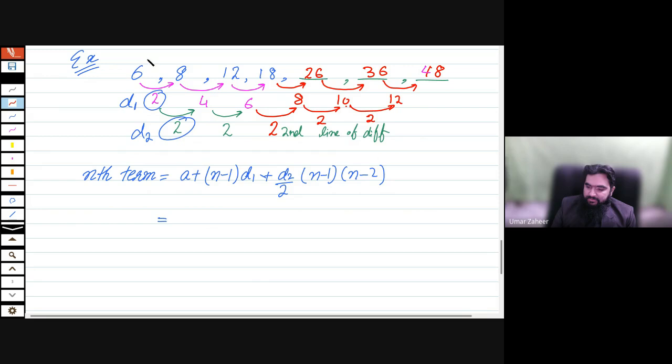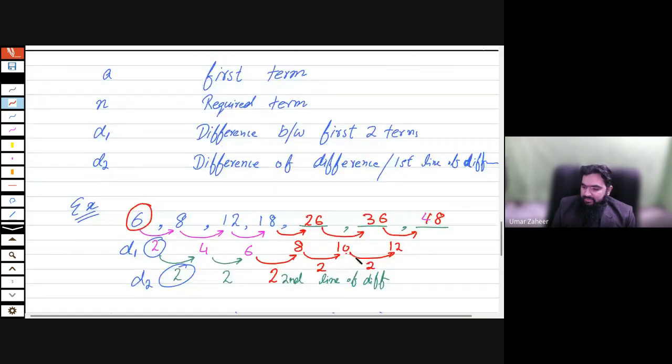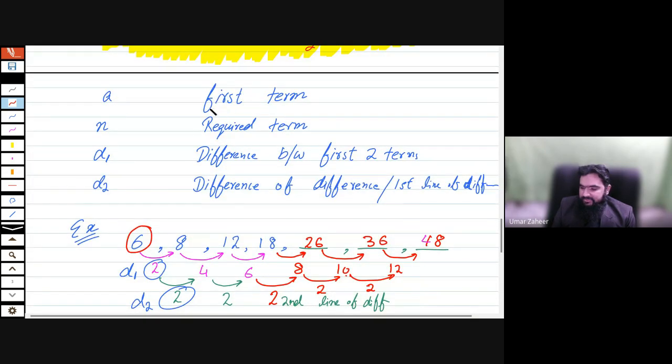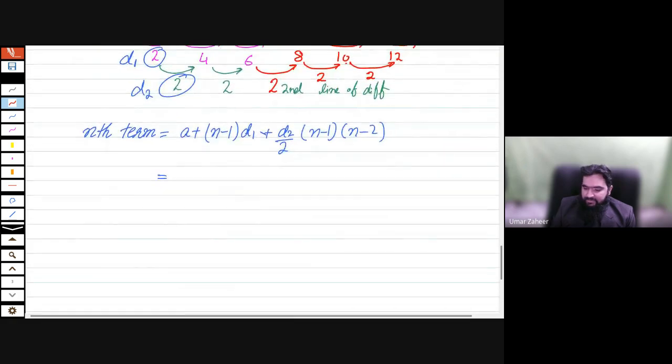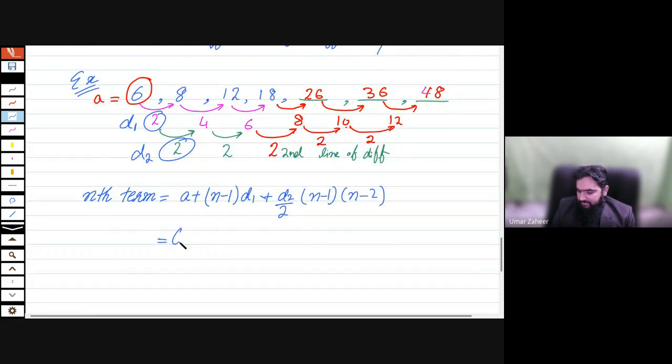That is 6. I have to write it here. A is basically the first term of the sequence, which in the formula we have denoted by a. So the value of a is 6, plus n minus 1 as it is.